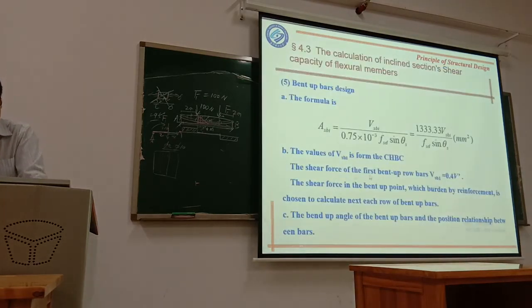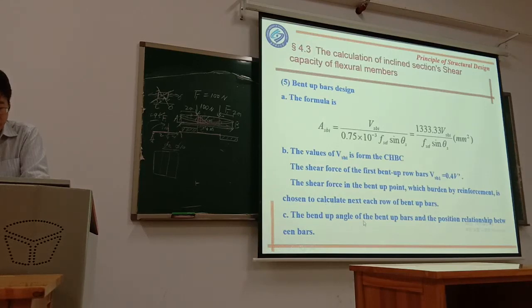The shear force of the first bend up bar, Vsb equal to 40%. The shear force at the bend up point, which is borne by the reinforcement, is chosen to calculate the next row of the bend up bar.